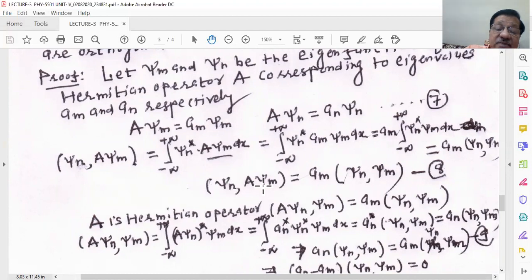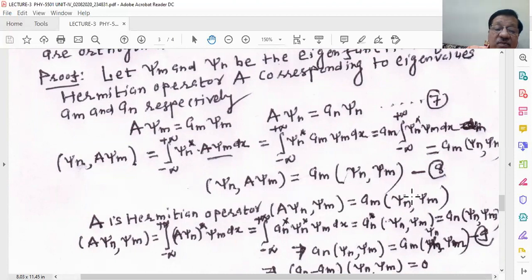So this scalar product can be referred to as (Aψn, ψm). So I write down (Aψn, ψm).